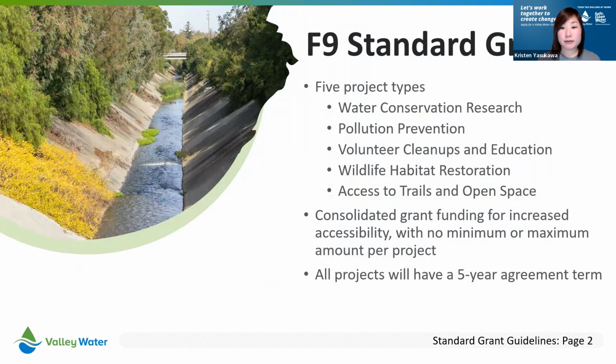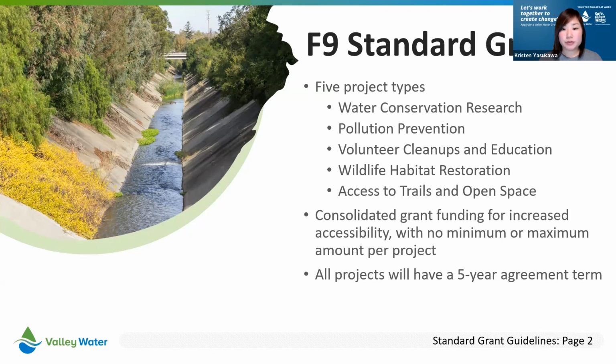All the details and the fine print about what we're talking about on that slide will be on that page number in the standard grant guidelines. So we just wanted to show that we're being as transparent as possible. Everything that you see here today is also in that standard grant guidelines document. So this F9 standard grants. There are 5 different project types that we are accepting applications for under our standard grants.